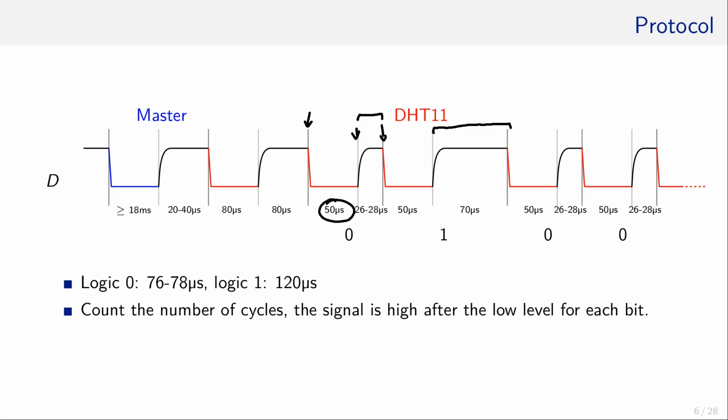That is quite easy to implement. The developer just has to count the time or the number of clock cycles between those two events. For instance, between this event and this event for a 1, or this event and this event for a 0.